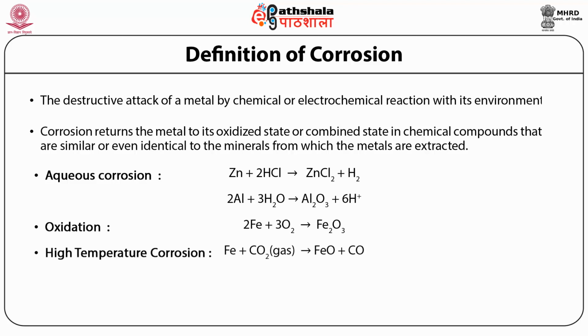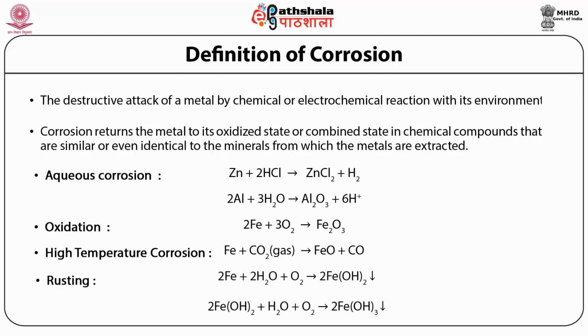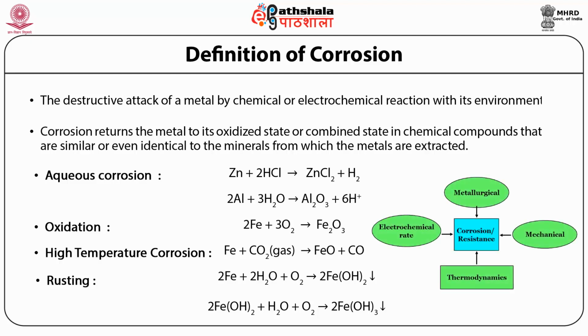In high temperature corrosion, Fe + CO2 gas gives FeO + CO, and rusting corresponds to 2Fe + 2H2O + O2 gives 2Fe(OH)2, whereas 2Fe(OH)2 + H2O + O2 gives 2Fe(OH)3. Corrosion resistance is affected by metallurgical, electrochemical, mechanical, and thermodynamic factors.